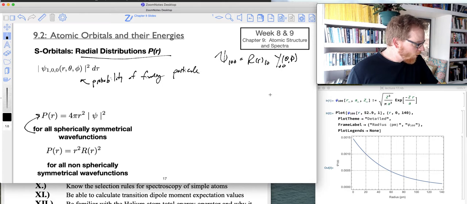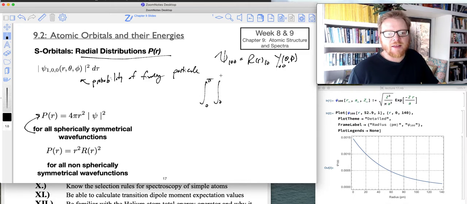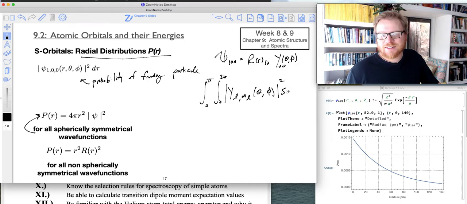Well, when we put all that together, remember that the Y_lm, I'm only going to draw that portion here in the integral, 0 to pi and then 0 to 2 pi of the Y_l m_l, squared modulus, and then remember that we have this sine theta d theta d phi, okay?